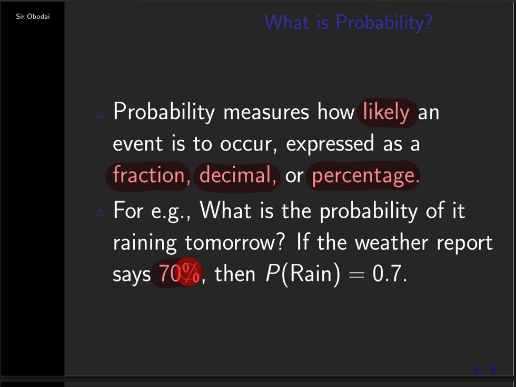Percentage. It can also be said to be what? 0.7. That is in decimal. Or 7/10. These are all ways we can express probabilities, and they are all correct, right?